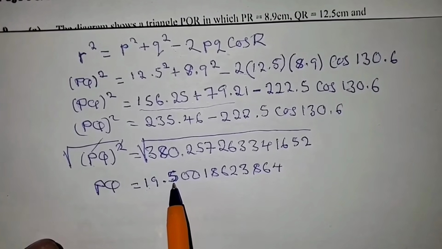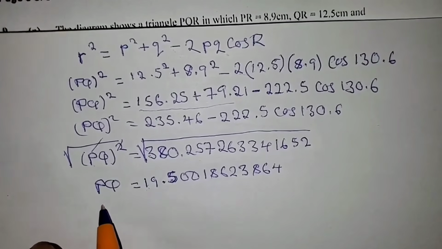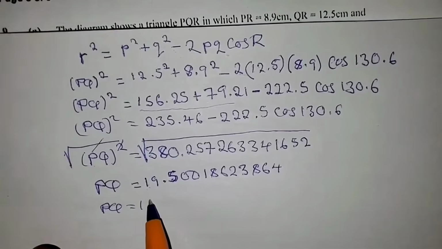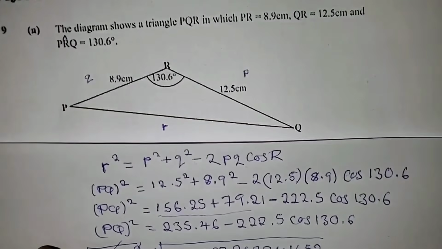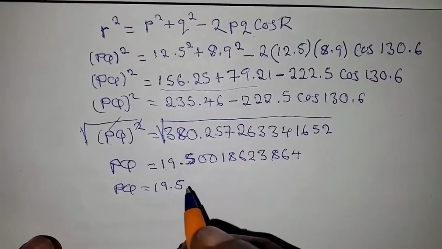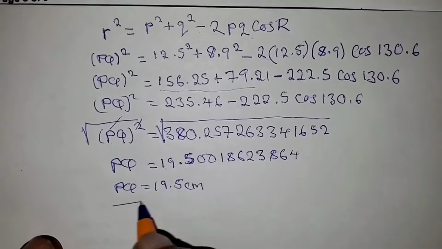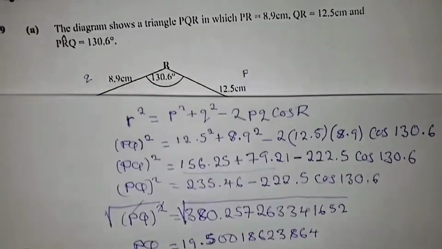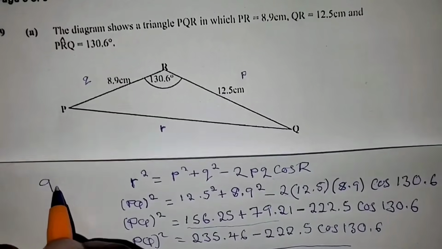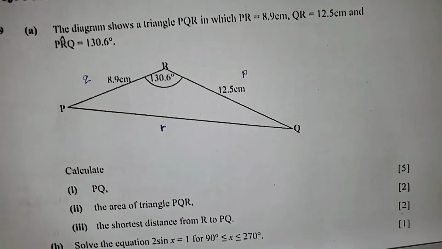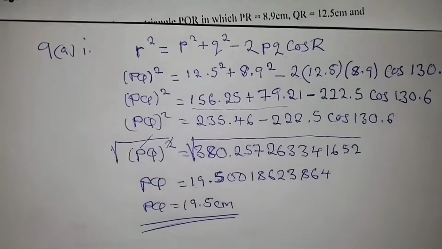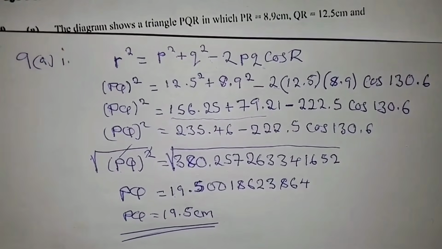So PQ is equal to 19.5 centimeters. This is question 9A, Roman numeral 1, if I'm not mistaken. Yes, 5 marks.